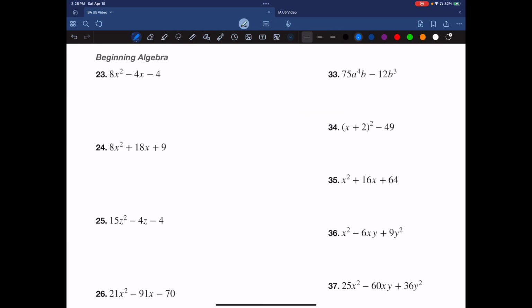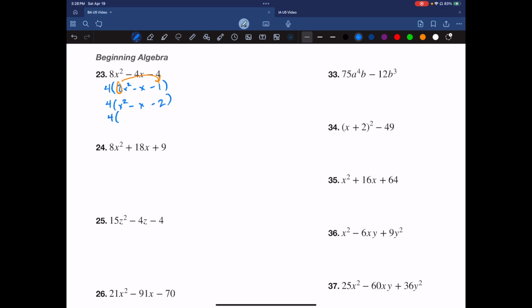Okay, all right, 23, once again, we're going to take a GCF out first. I can take a 4 out of everything. That's going to leave me with 2x squared minus x minus 1. Even if I can't factor the trinomial, I can take a GCF out, and that's good enough to work the problem. But let's go ahead and see if I can factor this. So I'm going to take the 2, multiply the back. So it's going to give me x squared minus x minus 2.